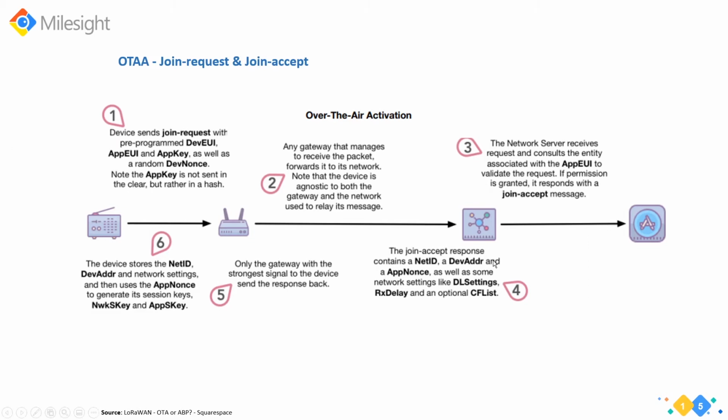That join accept message contains a network ID, which is a pointer to help the end device find the right network server, and also a device address initiated by the network server, and an app nonce, as well as some other network settings like the downlink settings and the receive delay, and some optional settings like the channel frequency list.